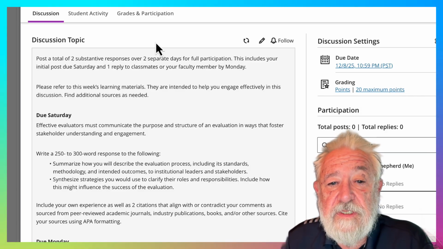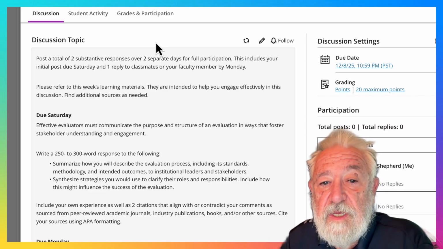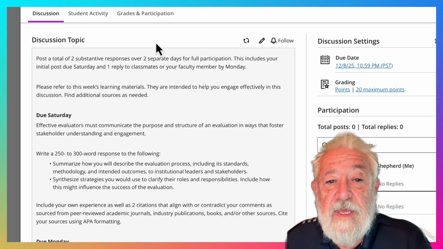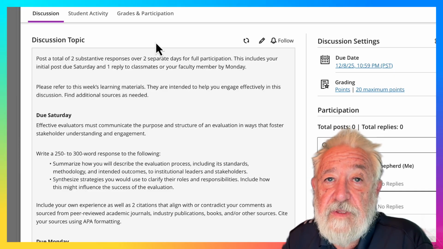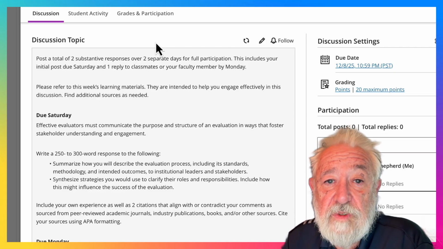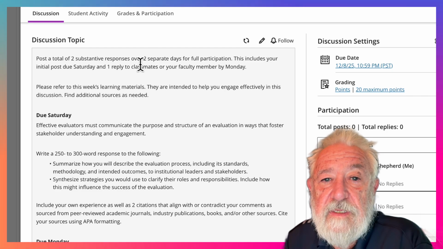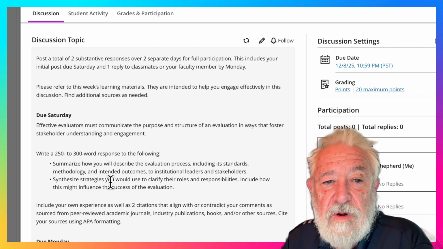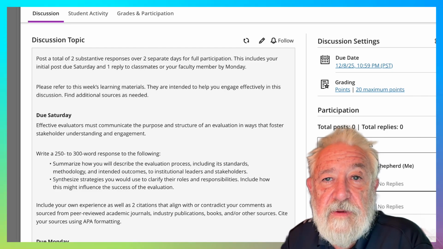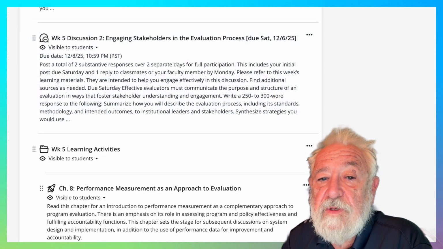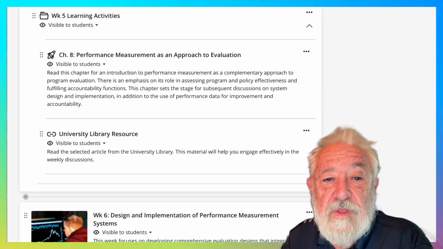Then synthesize the strategies you use to clarify the roles and responsibilities, to include how they might influence the success of the evaluation. Use sources. Again, you have a good text, Chapter 8 this week, and a good article to help you out. And then, of course, look for some other resources, as you always do.